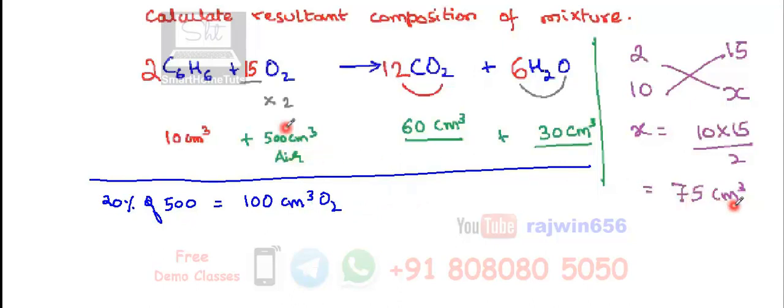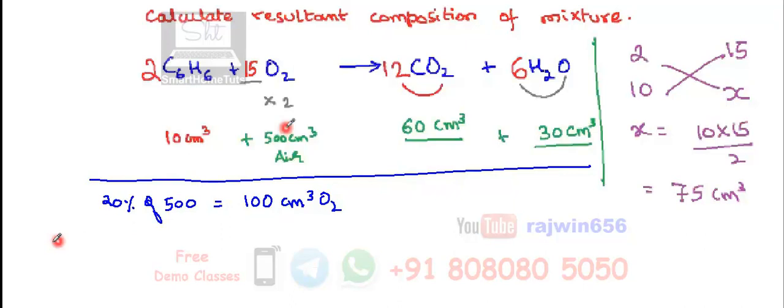Out of that, 75 cm³ of oxygen is getting used up. So how much of oxygen is going to remain out of this 100 cm³ of oxygen?